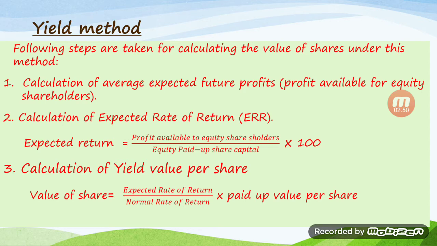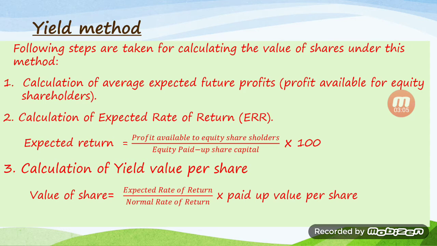Step number 2, computation of expected rate of return, shortly called ERR. The formula is ERR equals profit available to equity shareholders divided by equity paid up share capital into 100.